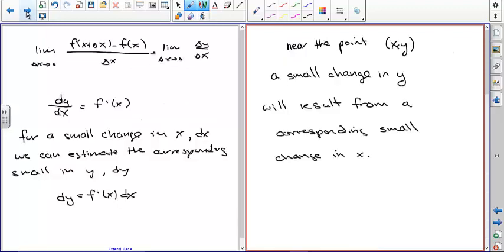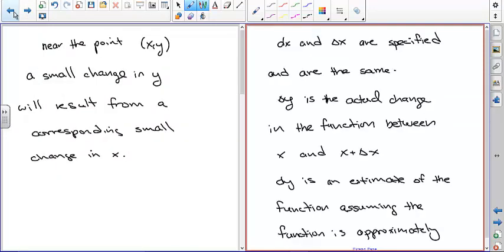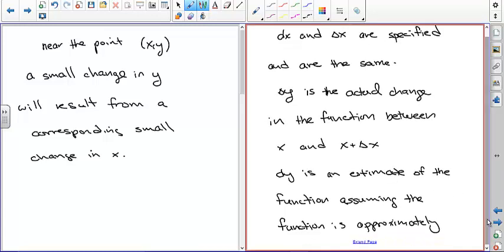So let's see what I said here. Near the point x, y, a small change in y will result from a corresponding small change in x. That's dx, and delta x are specified and are the same. Delta y is the actual change in the function between x and x plus delta x, where dy is an estimate of the function, assuming the function is approximately linear.